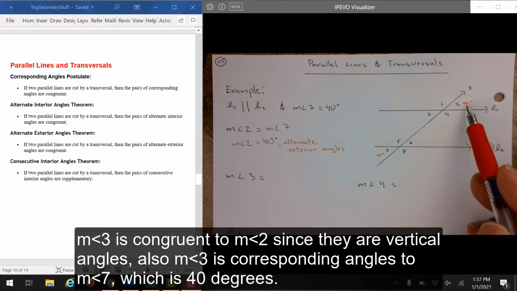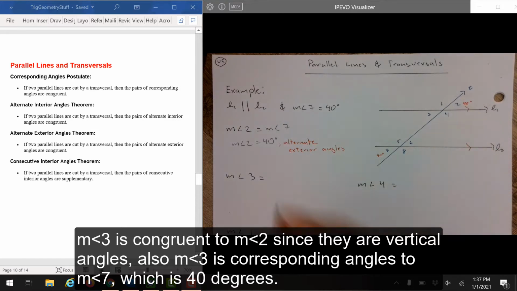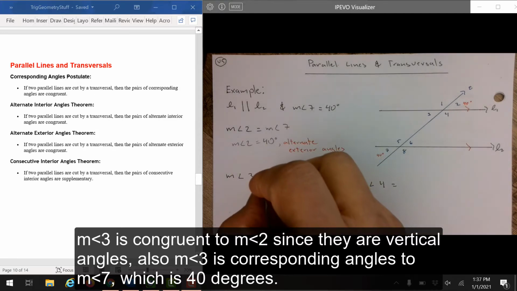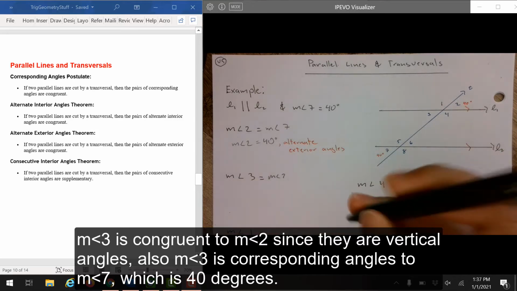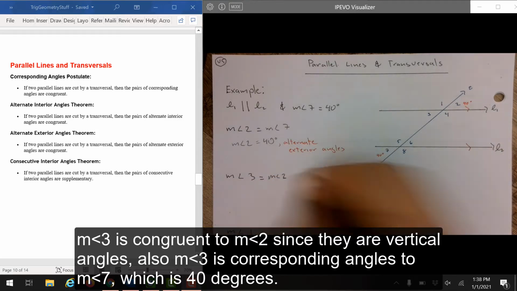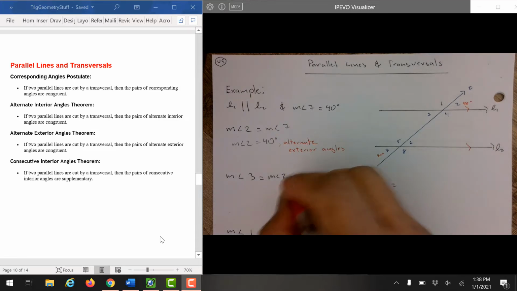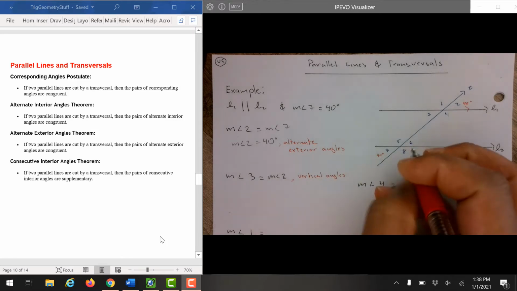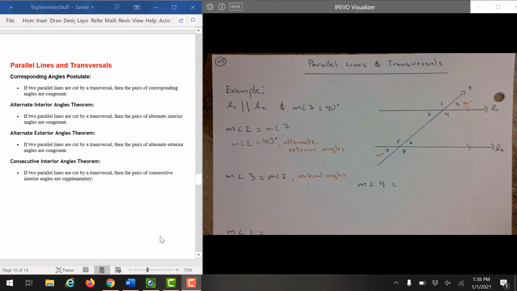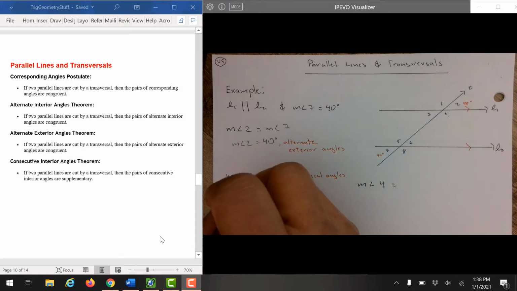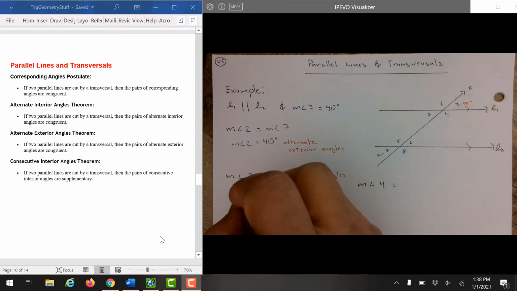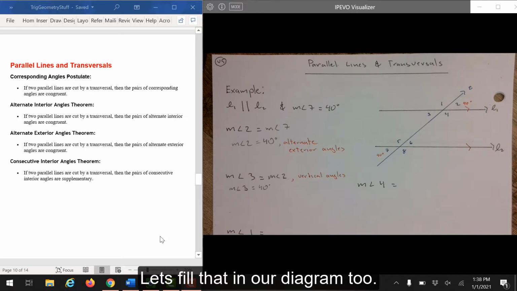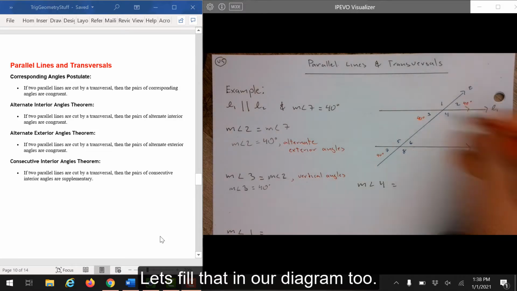Measure of angle 3 is congruent to measure of angle 2 since they are vertical angles. Also, measure of angle 3 corresponds to angle 7, which is 40 degrees. Let's fill that in our diagram too.